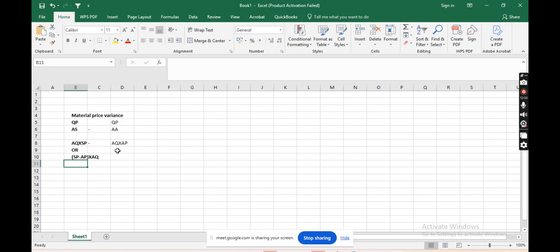Just pick one. Because you have to compare your standard and your actual. That is the standard price of the material minus the actual price of the material.